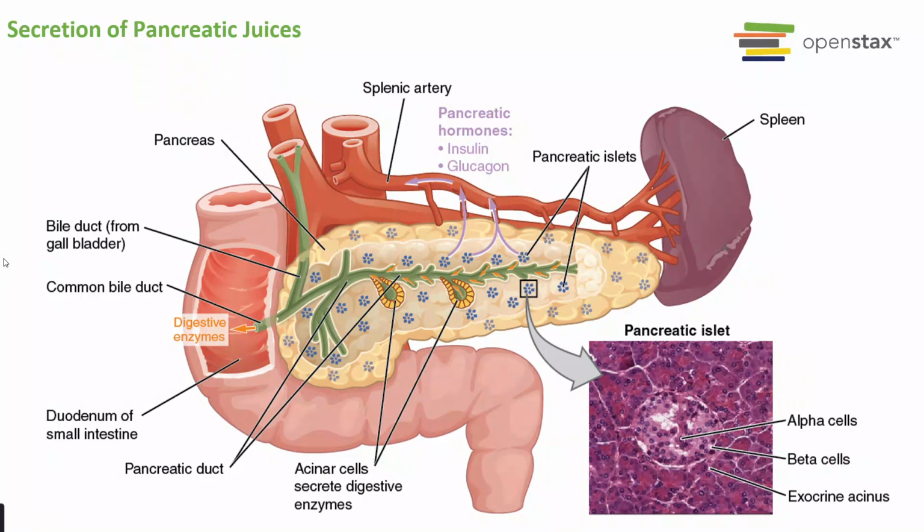We also have enzymes that digest proteins and polypeptides known as proteases, typically released as trypsinogen and chymotrypsinogen. We also have enzymes that digest nucleic acids such as DNA and RNA, known as nucleases.